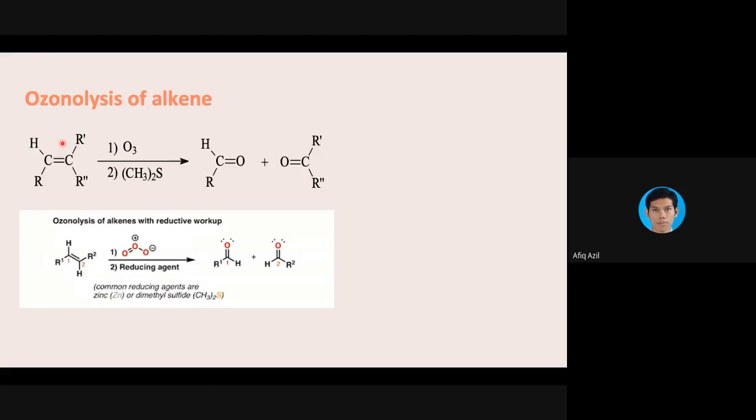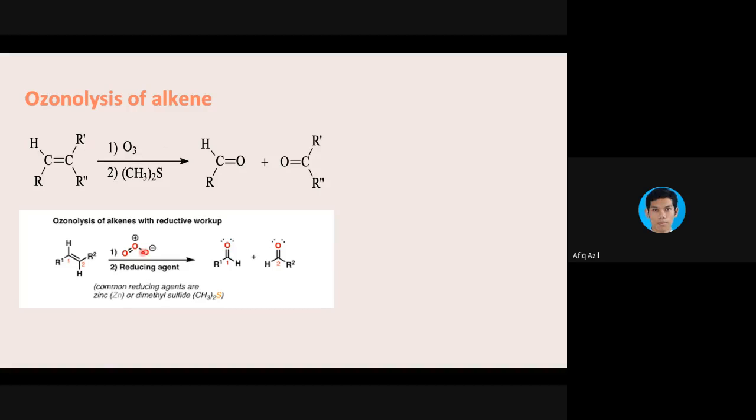So let's see the first example, which is ozonolysis of alkene. So alkene must contain C double bond C. There must be two types of reagent in the reaction. One is ozone. Ozone is O3, which is this one, 3 oxygen.